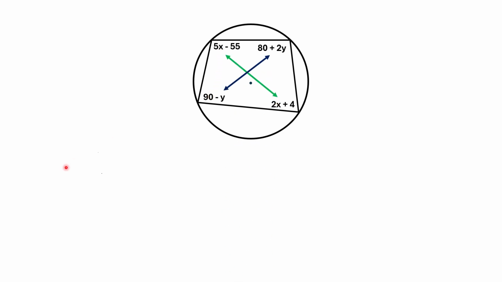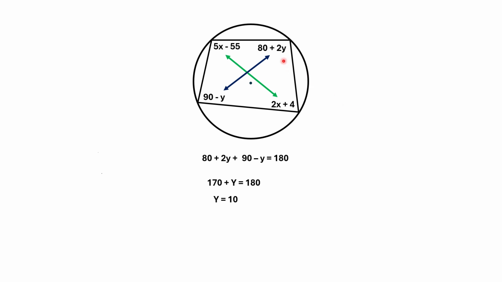So 80 plus 2y plus 90 minus y makes 180. This plus this makes 180. So 80 plus 90 is 170. 2y minus y is just y. So 170 plus y equals 180. That means y is just 10.